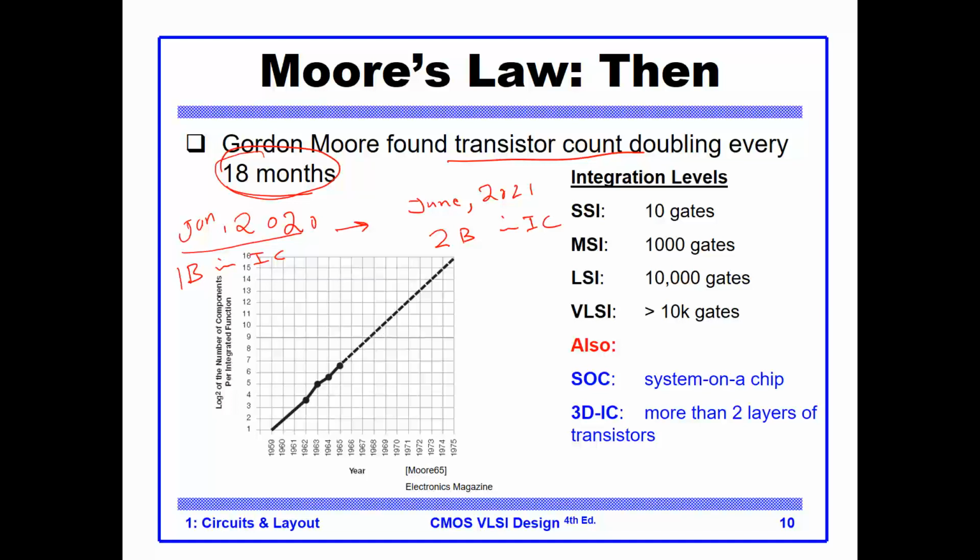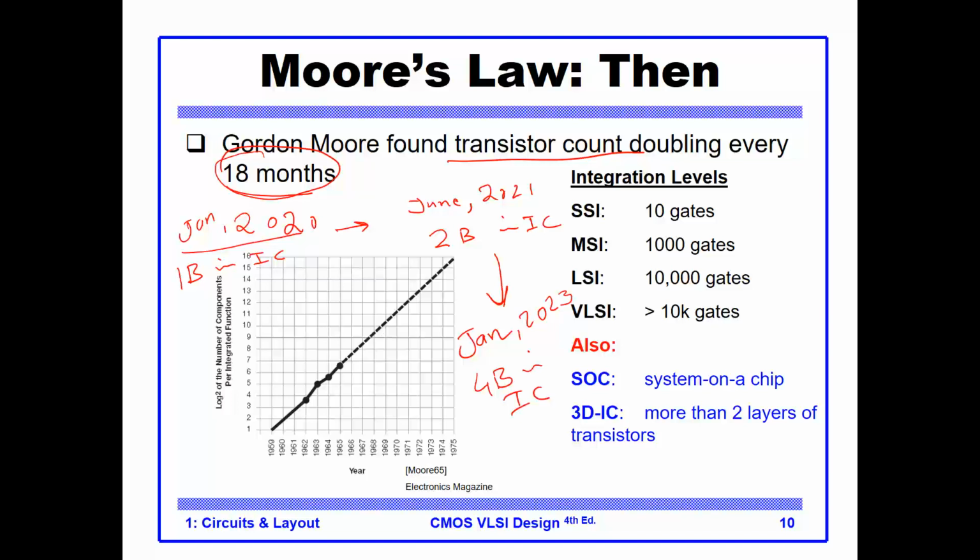Of course, you can take this further, and by 2023 I can pack up to 4 billion transistors in an IC.